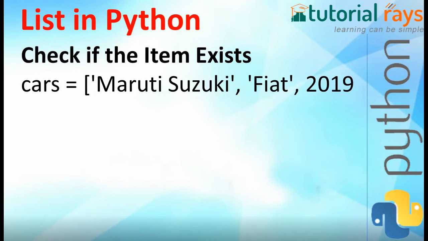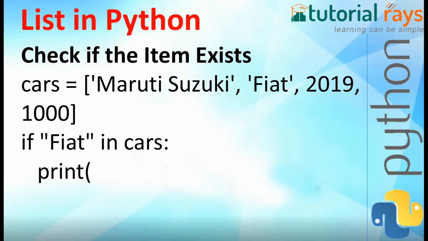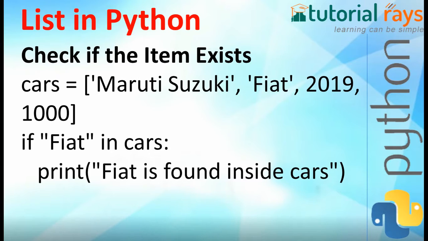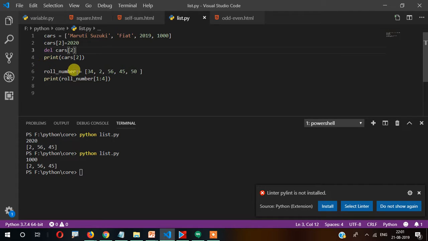Now suppose you have a list and you want to check whether a certain element exists or not. In that case you can use in cars. For example, if you want to check if Fiat exists in cars, in that case we will write here if Fiat in cars, then print Fiat is found inside cars. So let me show you with an example. Here let's comment this one, and this one also.